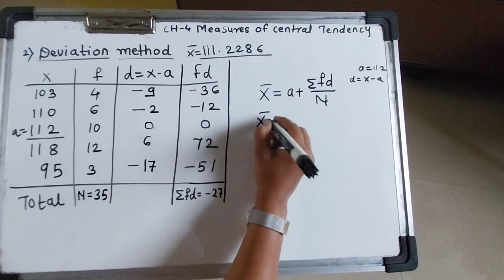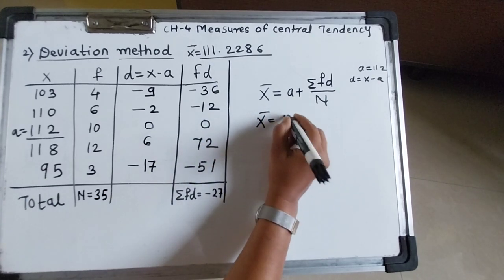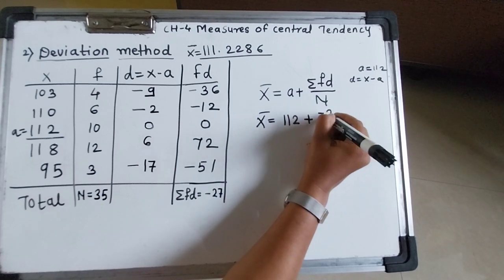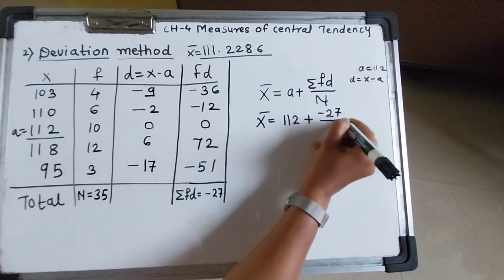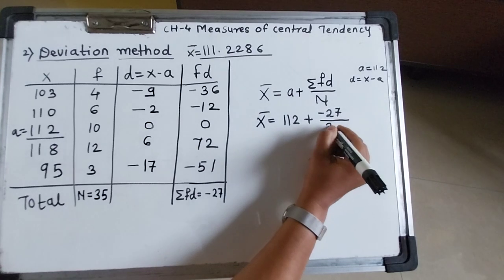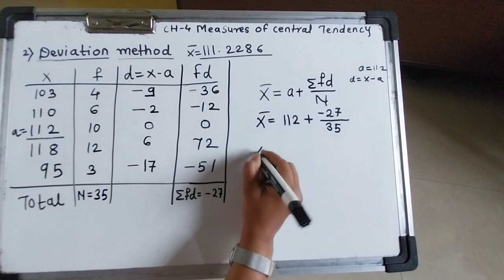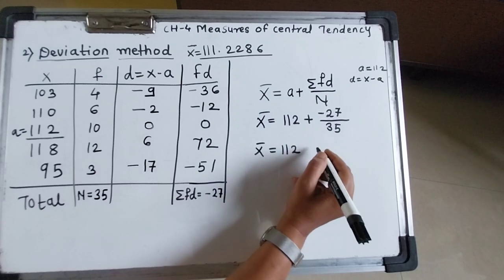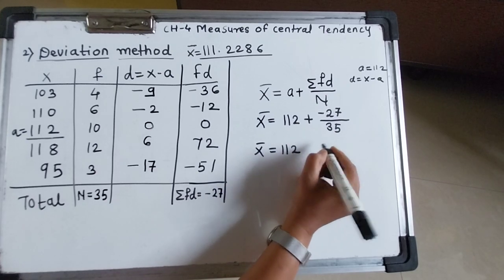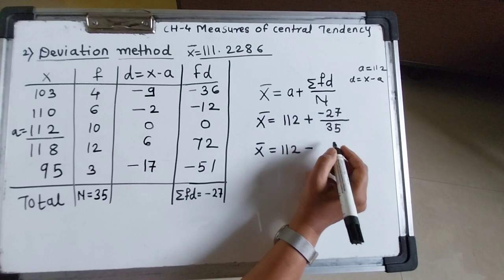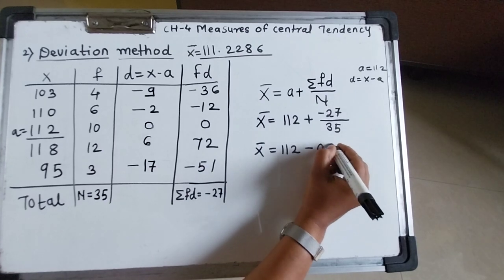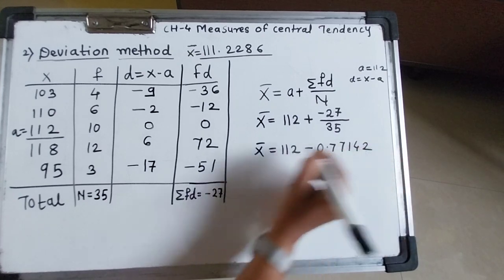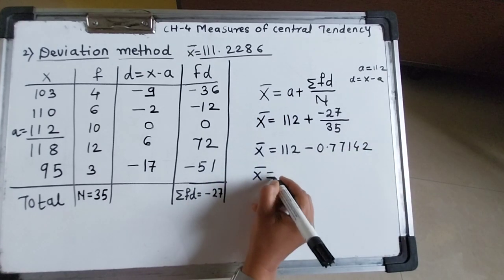X bar is equal to A. What is our A? 112 plus minus 27 divided by capital N, which is 35. Put all values in the calculator. 112 minus 0.77142.